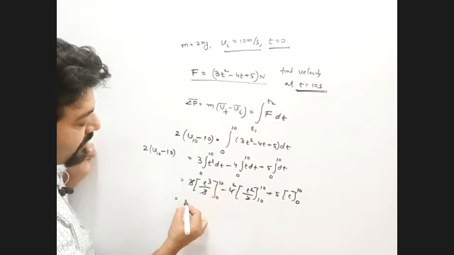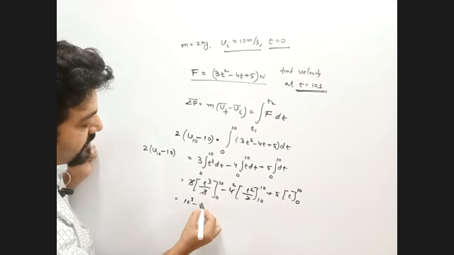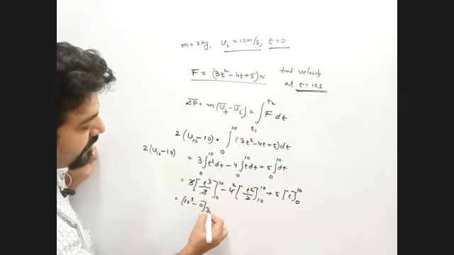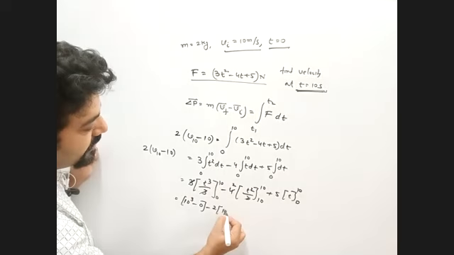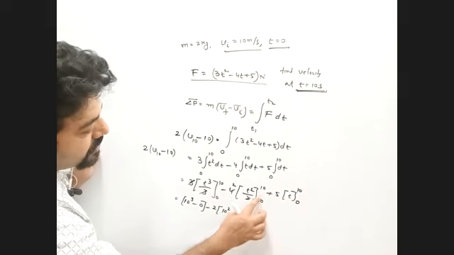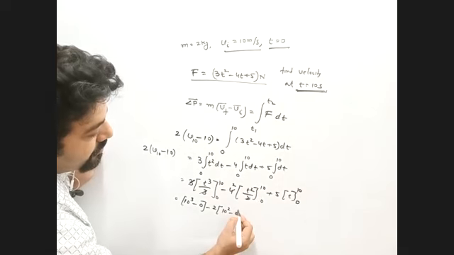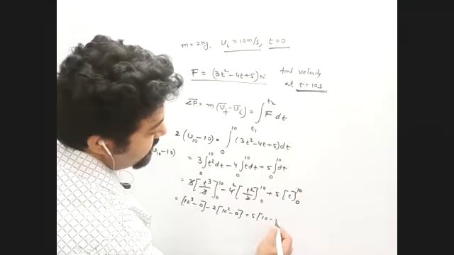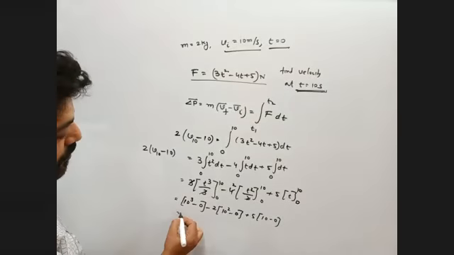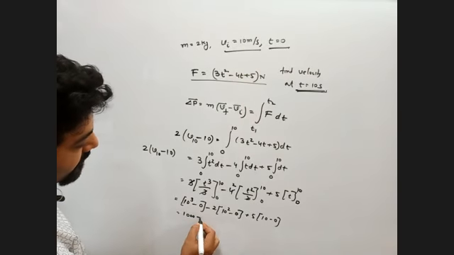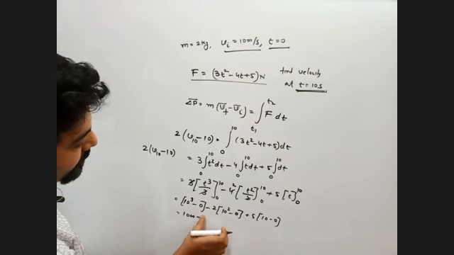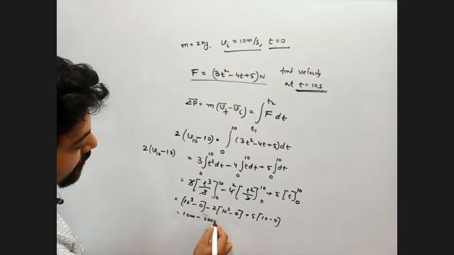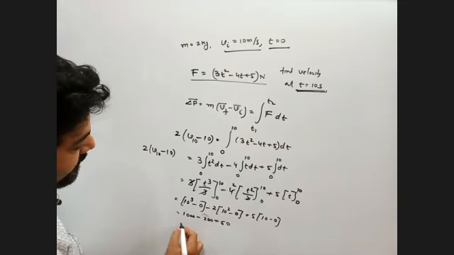So now the upper limit is 10 to the power 3 minus 0, minus 2 times 10 square minus 0, and plus 5 times 10 minus 0. So what you have, 1000 minus 200 plus 50. So you have 850.